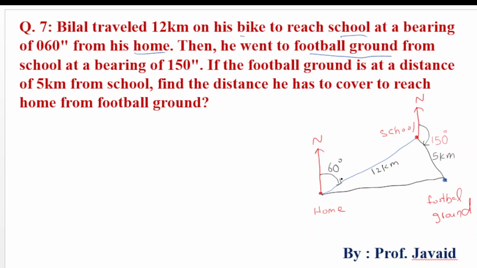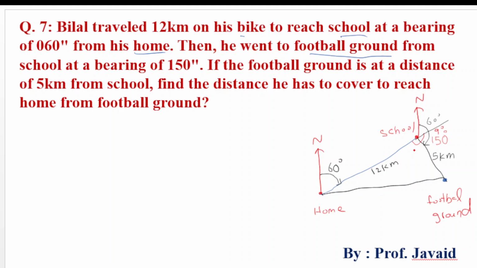Now see, this is 60. If I extend that line, what is this? This will also be 60. And in a straight line, see this very carefully, the total angle is how much? 180. So this total is 150, 150 minus 60 is 90.